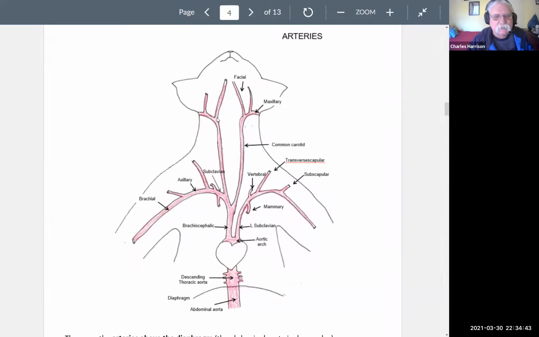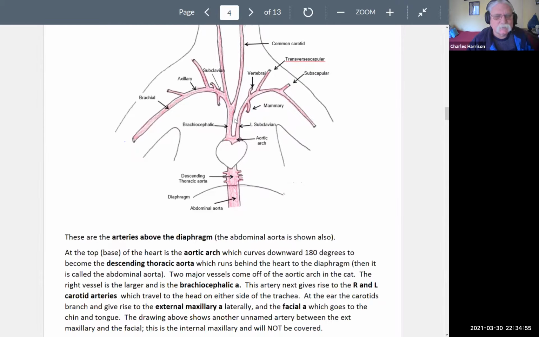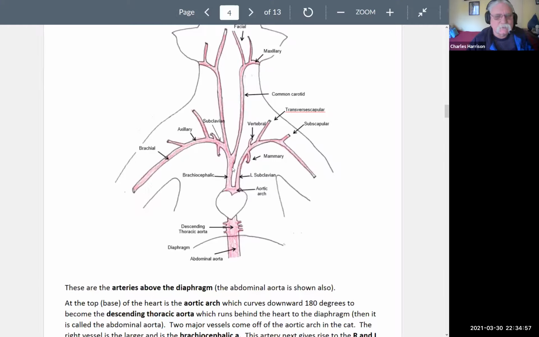There is no connector from right to left in cats or humans. So we don't have a transverse carotid. We have a transverse jugular. Come back down here. We got to the top of the brachiocephalic. The first change it makes is to arch or break into the two common carotids.